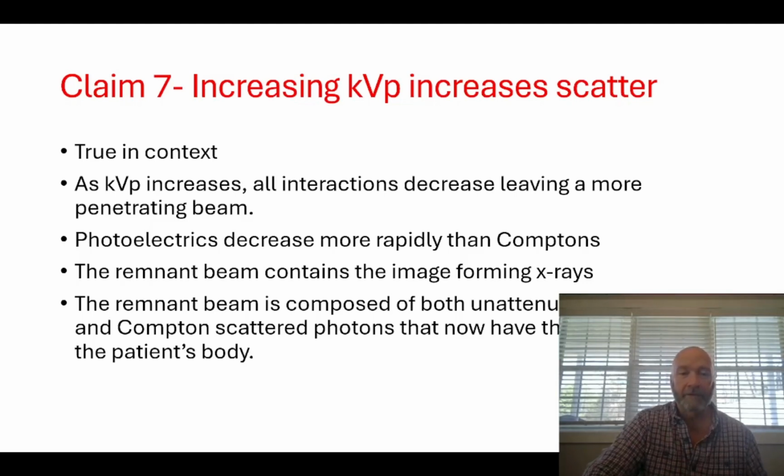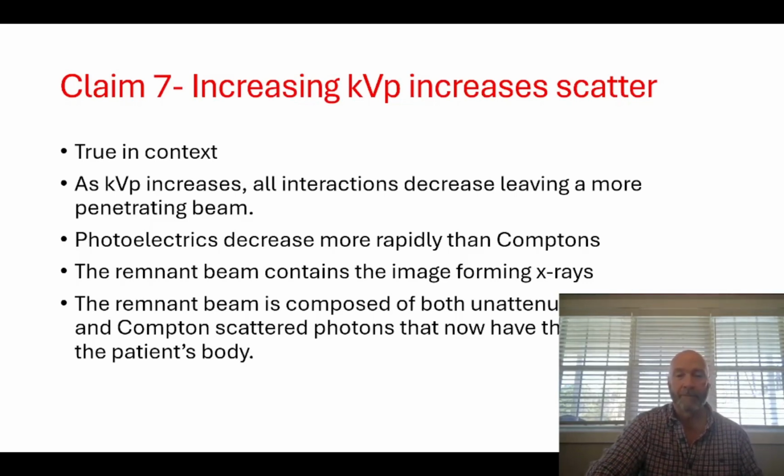So as kVp increases, all interactions decrease, leaving a more penetrating x-ray beam. Photoelectrics decrease more rapidly than Comptons, meaning that we have a higher percentage of Comptons compared to photoelectrics. What you'll hear referred to as the Compton to PE ratio, a lot of times shortened just to PE ratio. So the PE ratio changes, we get more scattered photons, less photoelectrics, and therefore it's true in that context.